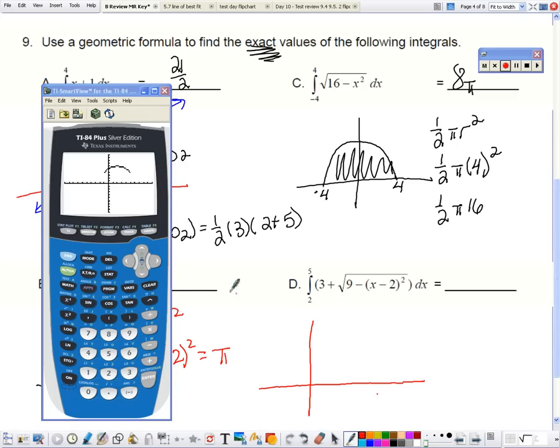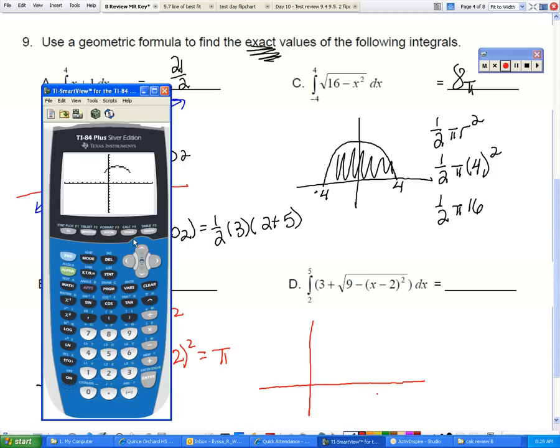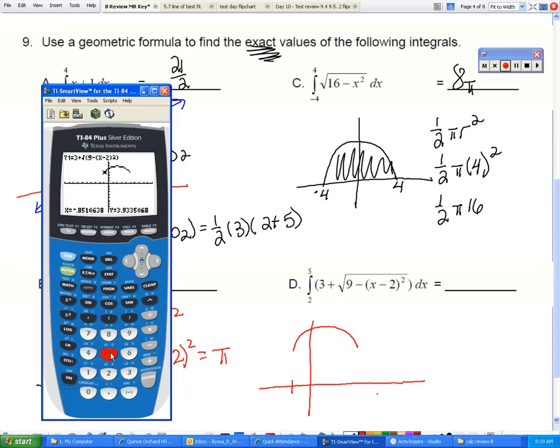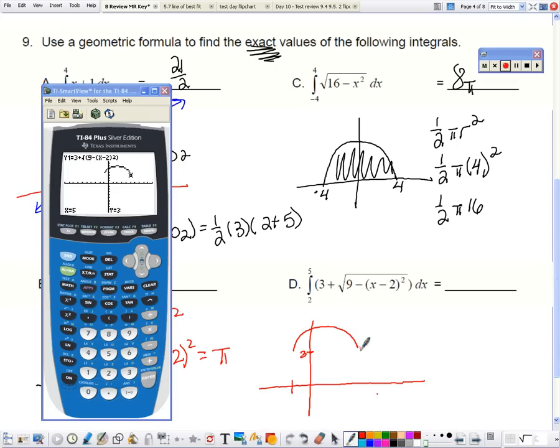So if I'm going to draw that, the semicircle starts, if I hit trace, around -1, and I bet it goes to 5. It does. And at 5, there's a y value of 3.